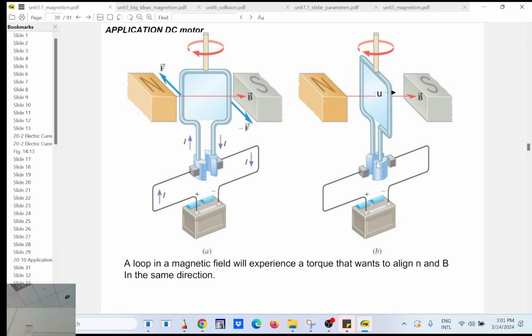So you need three things. You have electricity flowing, okay? That's from the battery. So you have your wire, and then you have your magnetic field. So as long as you have a magnetic field and a wire, there will be a force acting on the wire, and you can have this.